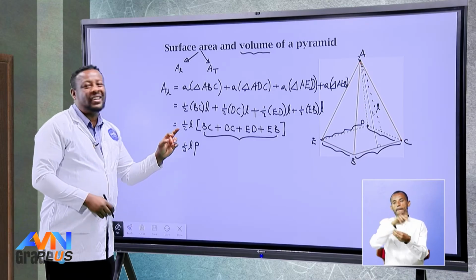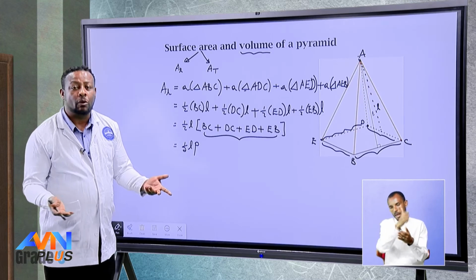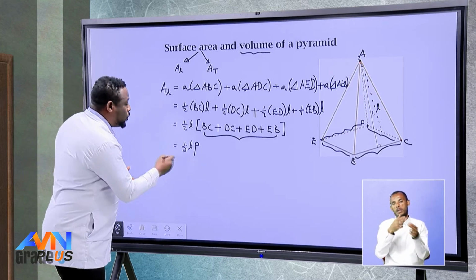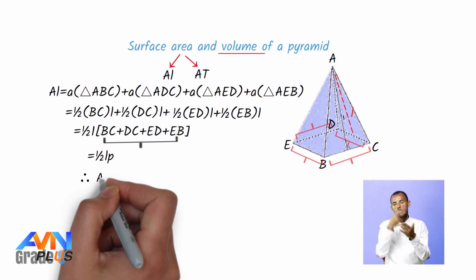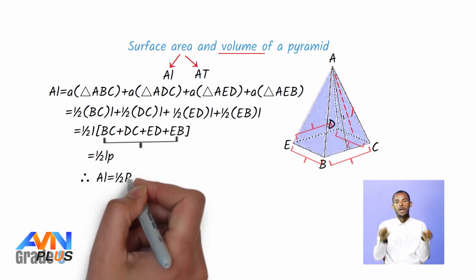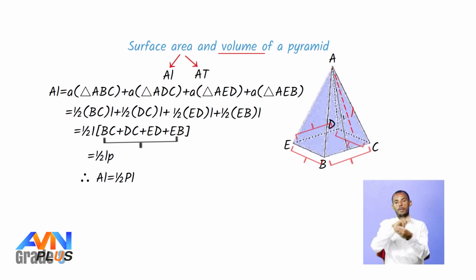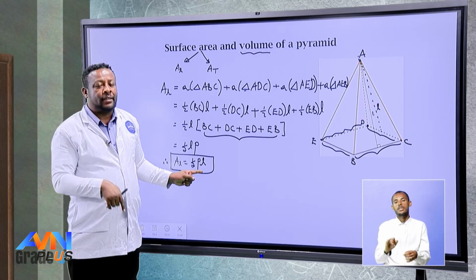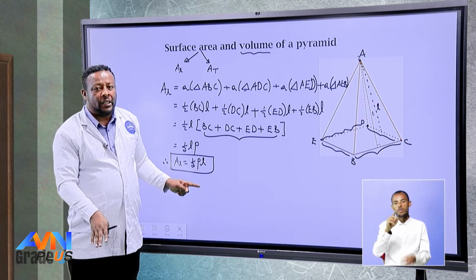You can write in any order because multiplication is commutative. Therefore, our conclusion here is the lateral surface area becomes half times perimeter times length, where this length is the slant height. You need to differentiate it.